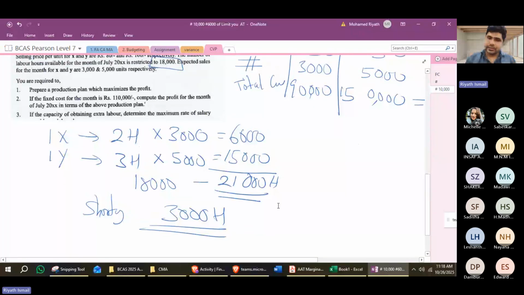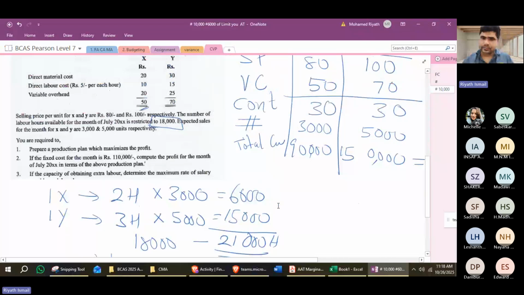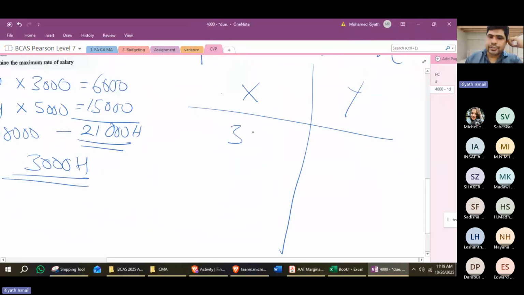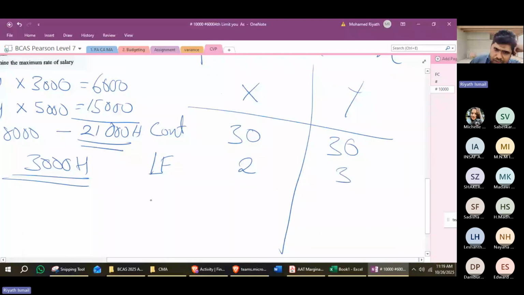Now, let's see. X contribution is 30, Y contribution is 30, and the limiting factor is labor. X requires 2 labor hours, and Y requires 3 labor hours. Now let's see the contribution per limiting factor.